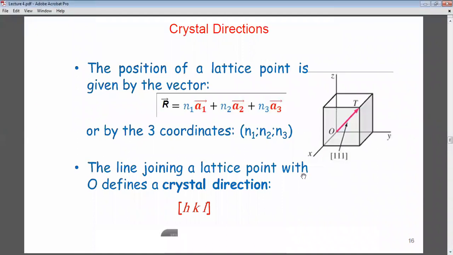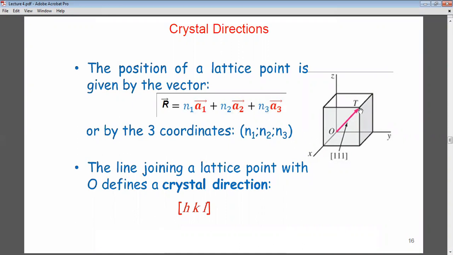You remember when we talked about lattice, we said that the position of a lattice point is given by the vector r, and it's equal to n1a1 plus n2a2 plus n3a3.